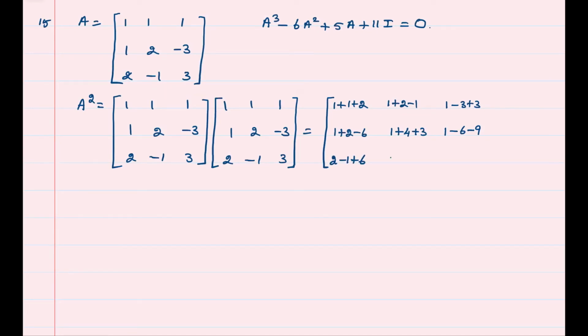Third row into second column. Third row into third column. We get 4, 2, 1, minus 3, 8, minus 14, 7, minus 3, 14.